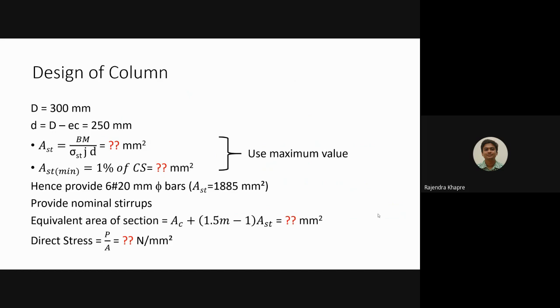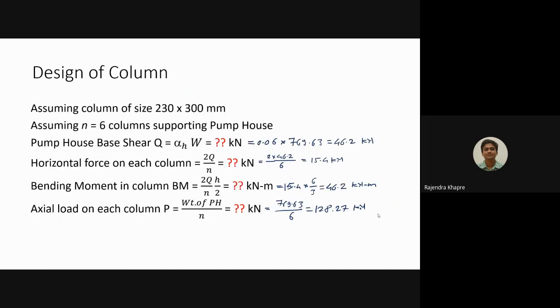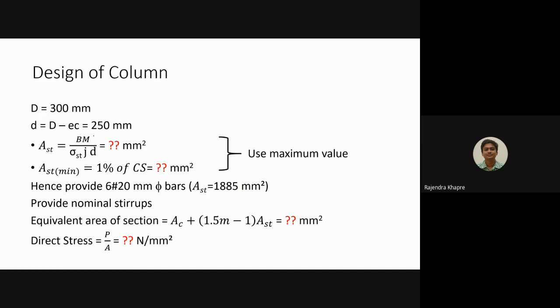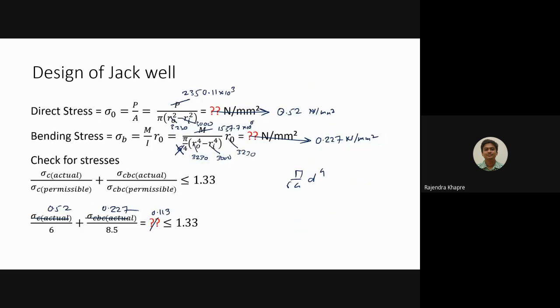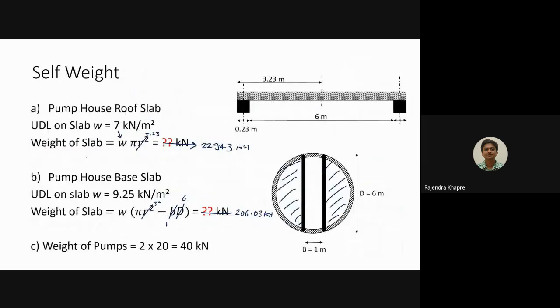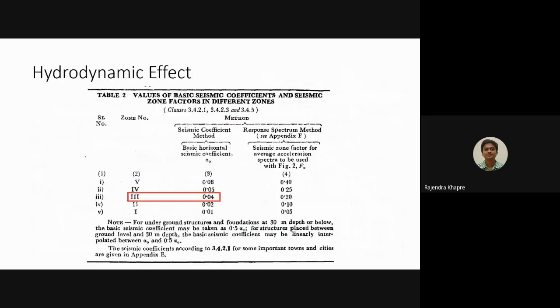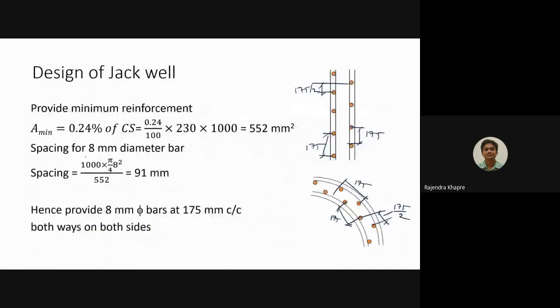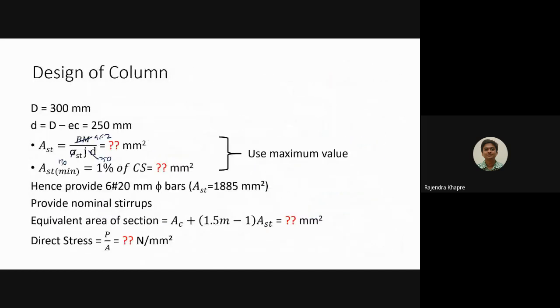And accordingly, if you want to calculate the reinforcement in bending, the bending moment is 46.2, sigma st is 130, your d is 250, and what was the j value? 0.86. Okay, let me write down. So how much AST is required?